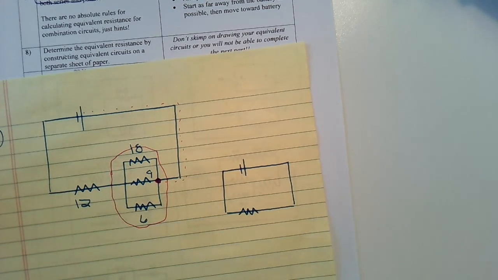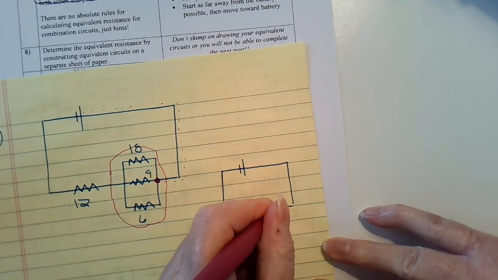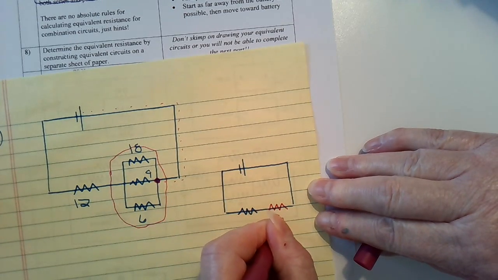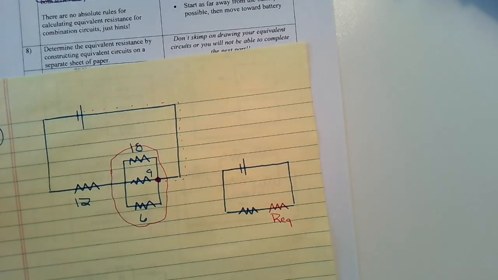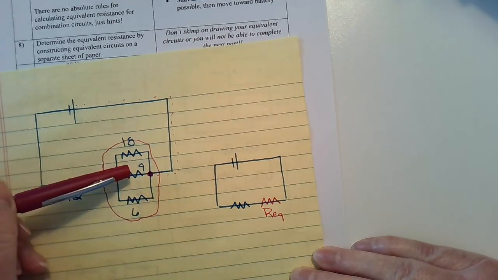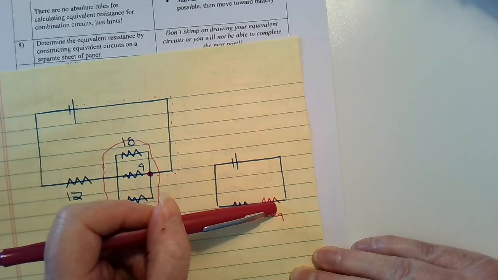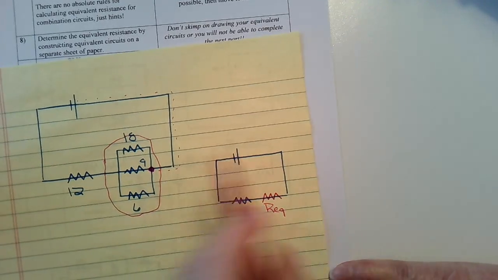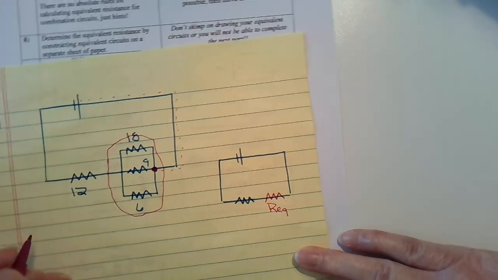We could instead go to Radio Shack, and now I'm going to write the word REQ. Instead of putting these three things in parallel, I could just put the equivalent resistance in here and not use these three. So what would this equivalent resistance be?